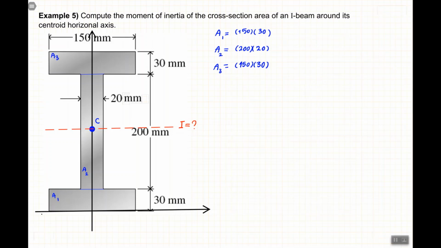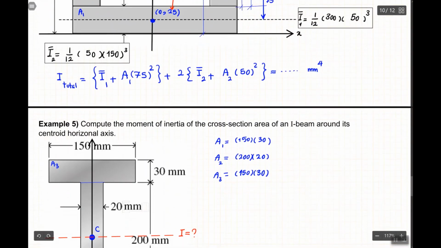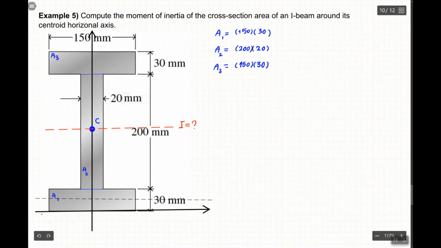So for A1, we know where the centroid is. So basically that's the centroid. And simply we can write down I bar 1, which is 1/12, 2 brackets, and one of them power 3, the one that the axis is crossing, 150.